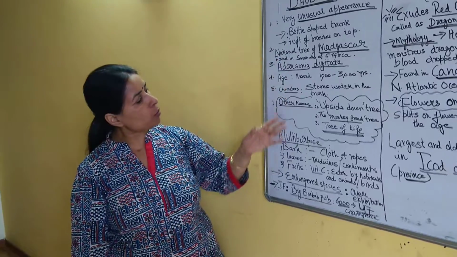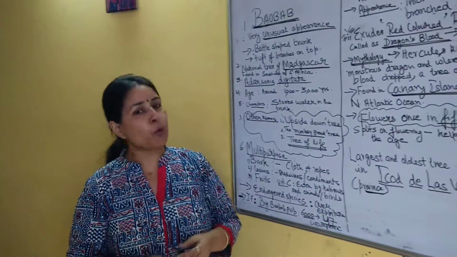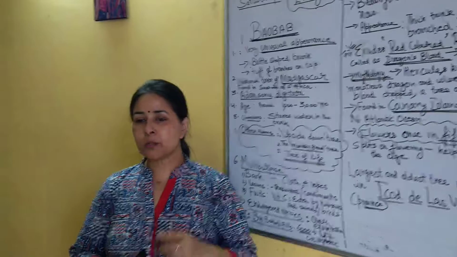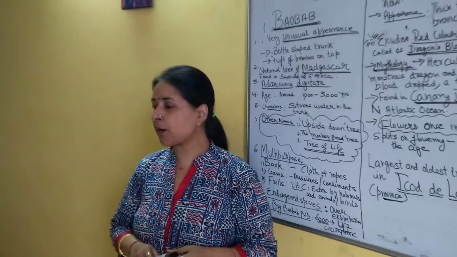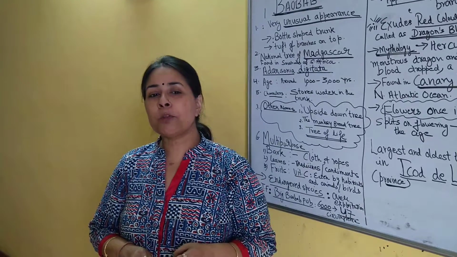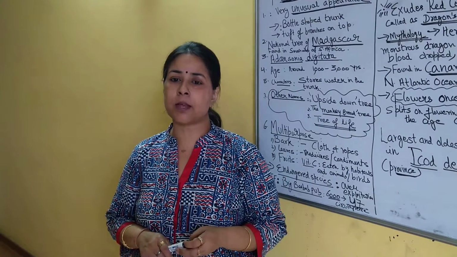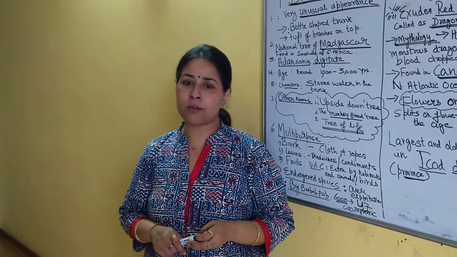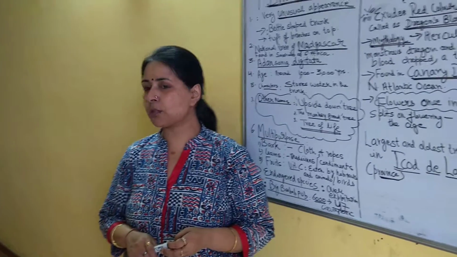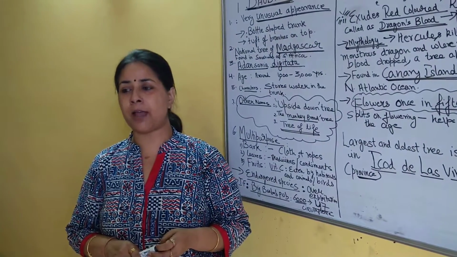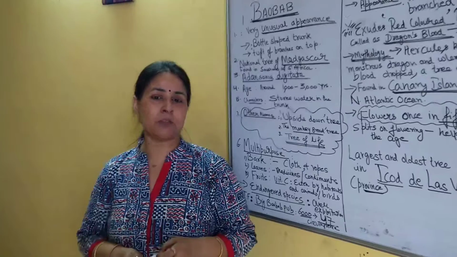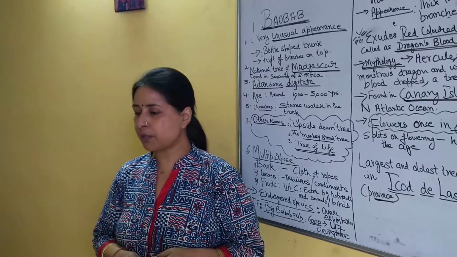So we have finished. I have talked about all the characteristics of the baobab tree. After this, a small exercise is given in your books. You will be doing the question answers from there. There are 6 questions. I won't be discussing the answers because the questions seem to be very easy, and as we have discussed, you can easily find the answers in the chapter.